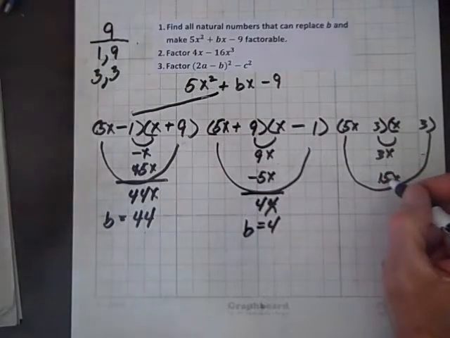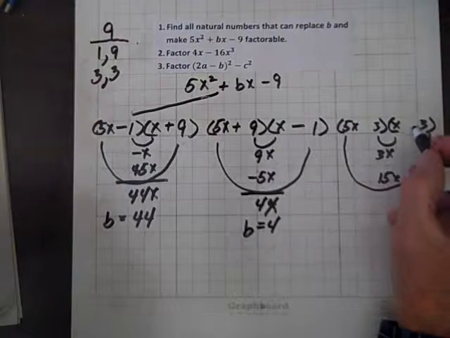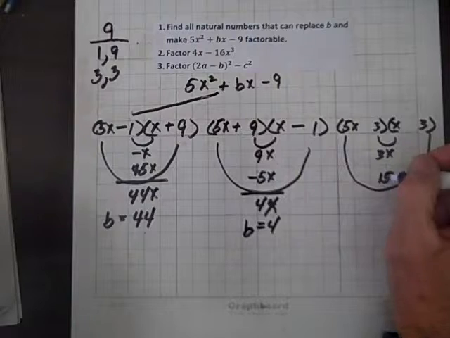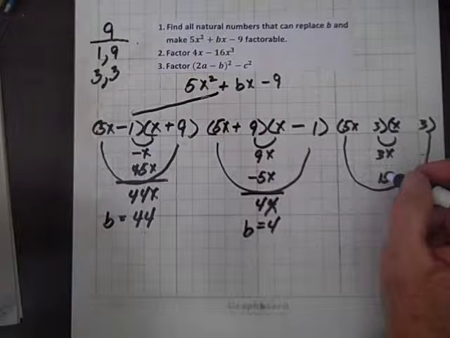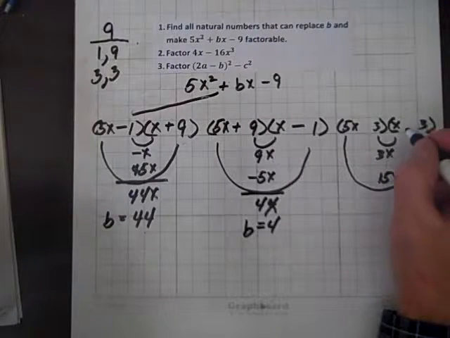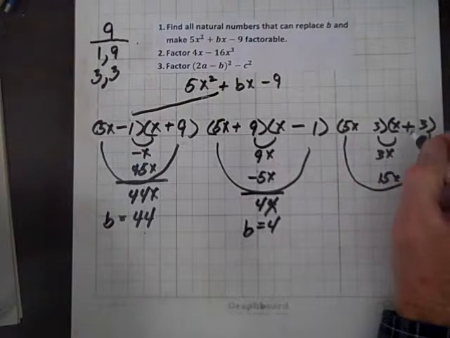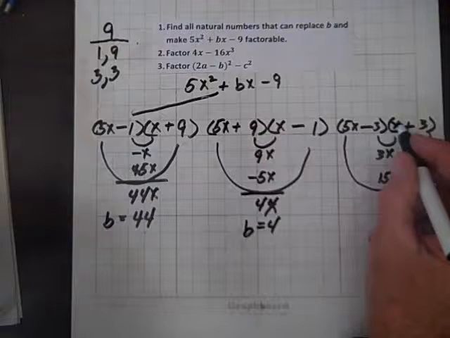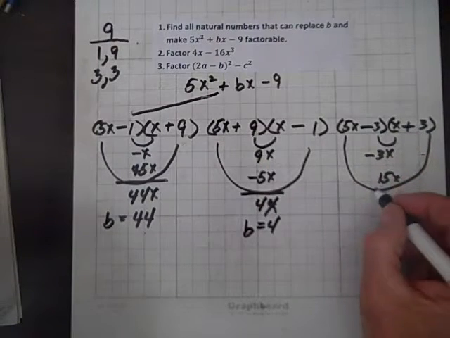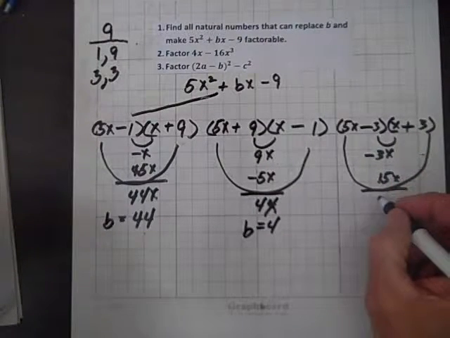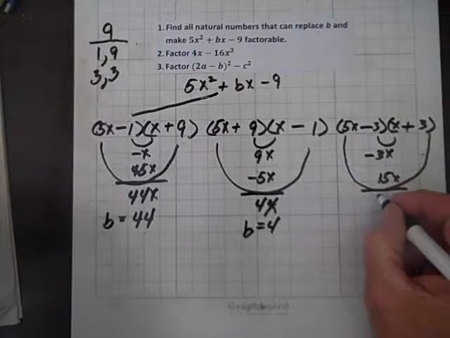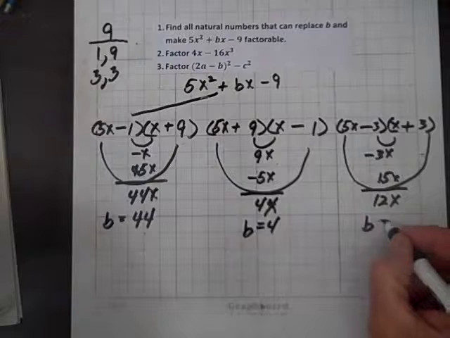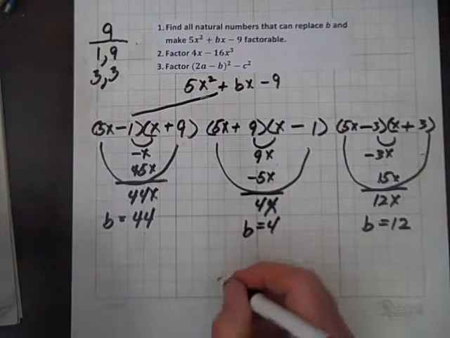Well, clearly, if this 3 was negative, we'd have a negative 15x here, and the difference would be negative, and that would not be a natural number. So this sign must be positive, and by default, this negative. And negative 3 times x is negative 3x, so when we sum these, we get a difference of 12x. 12 is positive, so in this case, b equals 12.